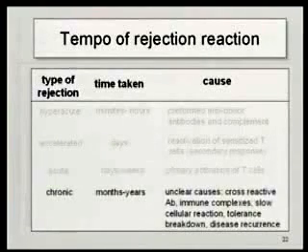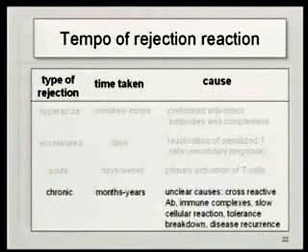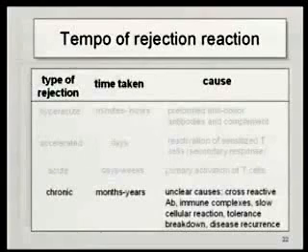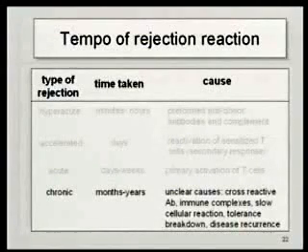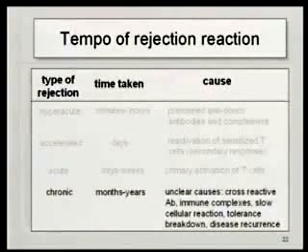And finally, there is chronic rejection. And the mechanism is not really well known. It is multifactorial, really. The time frame here is months. The patient is okay, the organ is functioning all right, and months later, there is a rejection episode.